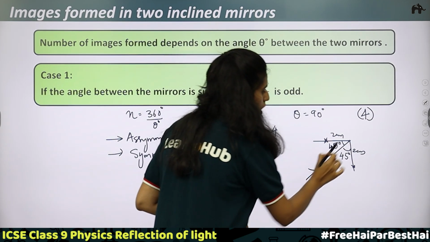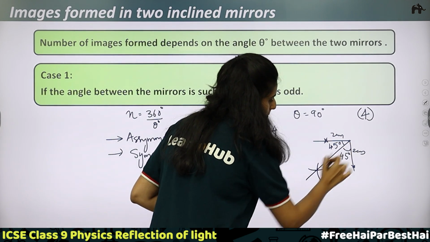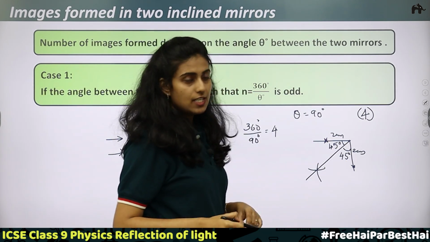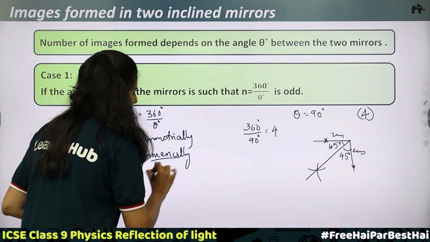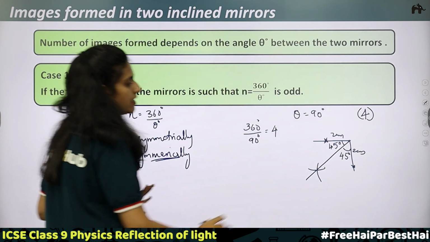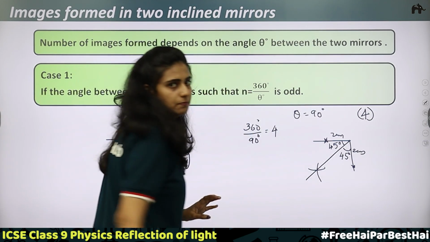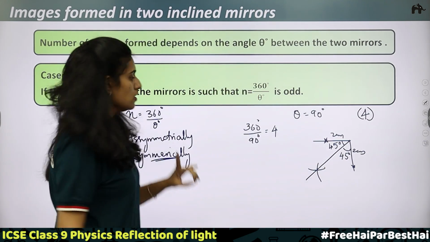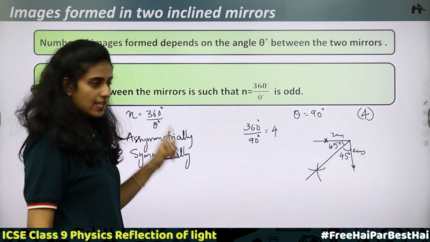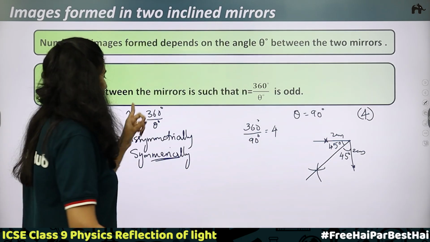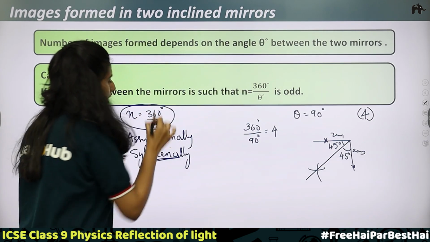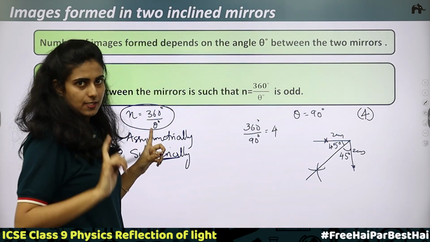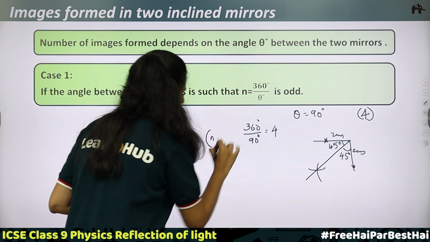Now, if your object is kept on the bisector, then we call that symmetrical. Asymmetrical means not on the bisector. You are not placing the object on the bisector. So, if the object is placed asymmetrically, in that case, you will get an n value, an odd number. This will be the number of images. Number of images will be n.